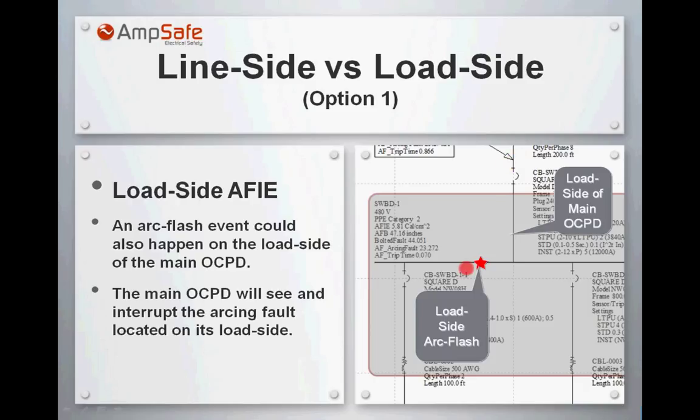So this breaker will see the arcing current and will open. It will not wait for the upstream device to open. It's going to open faster, probably, than the upstream device. And the load side arc flash energy might be substantially lower than the upstream energy, okay?